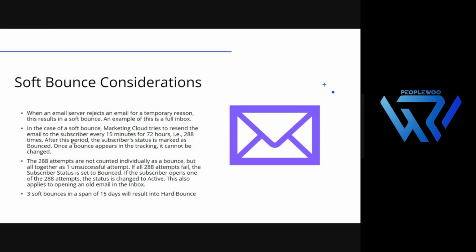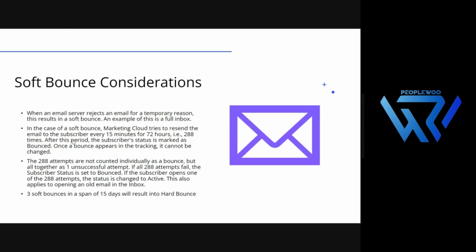Now, guys, coming forward, we have soft bounce considerations. That means, what happens when the system detects a soft bounce? If it detects a hard bounce, it automatically changes the status to undeliverable. You cannot deliver.